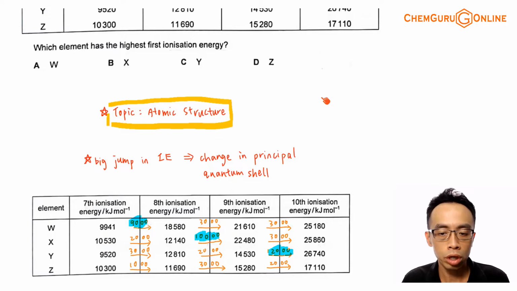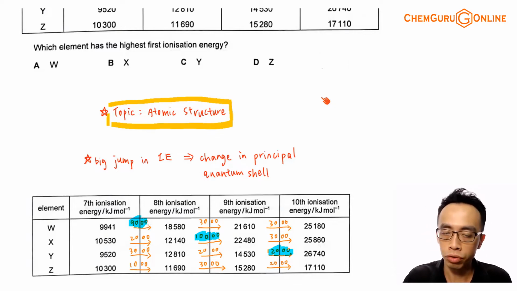And when there's a change in the principal quantum shell, the electrons are much closer to the nucleus. Let's say, for example, if I switch from n equals 3 to n equals 2, there's a very big jump in the distance from the nucleus, electrons are much closer to the nucleus, so the attraction is significantly greater, and therefore it requires a very big increase in the amount of energy for me to remove the electron.